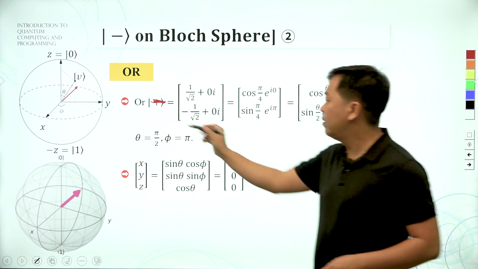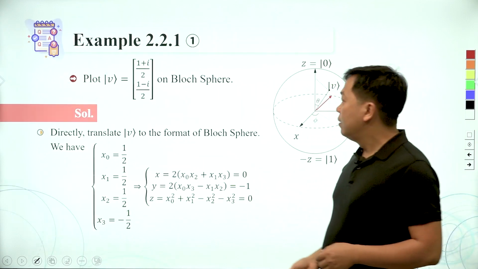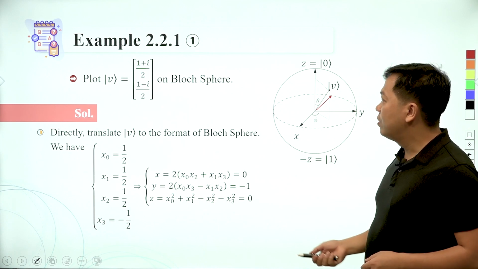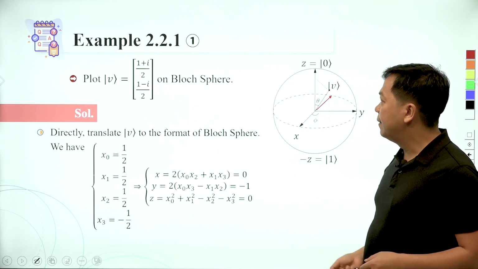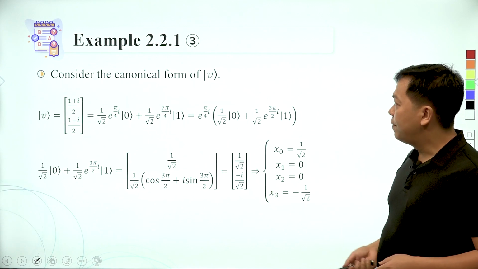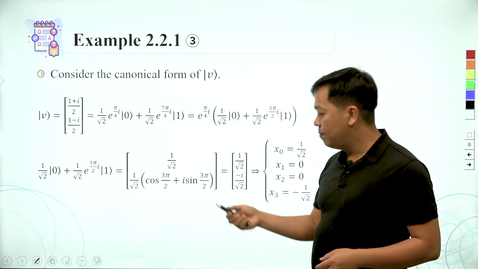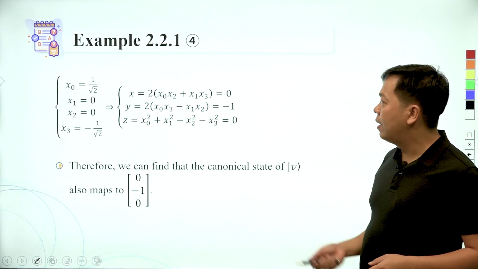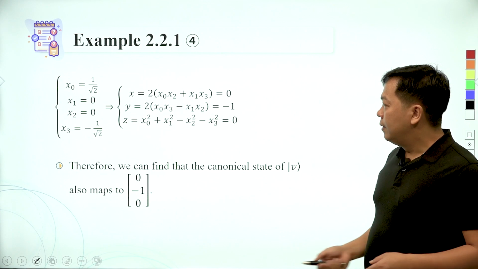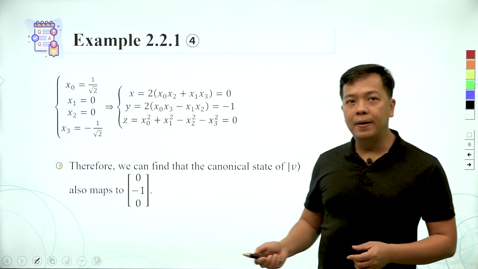For example, you can see this example: you can plot it on the sphere with the value of the quantum state. You can check more on how to plot.